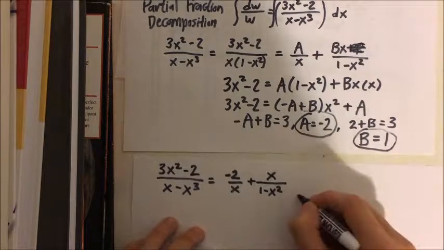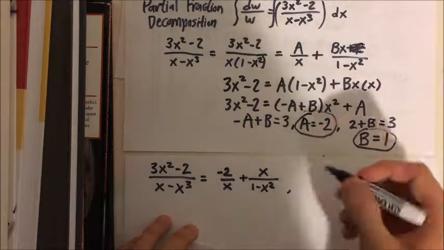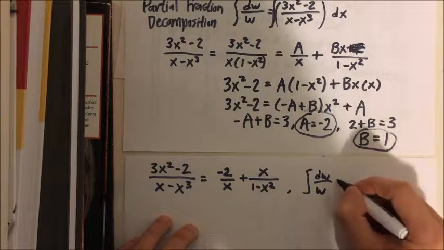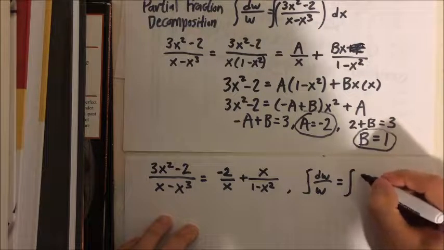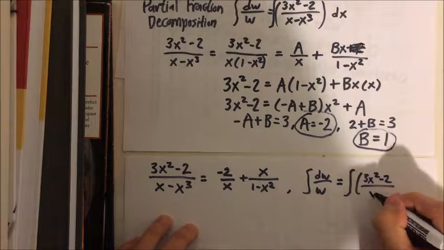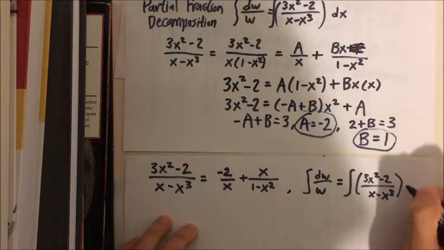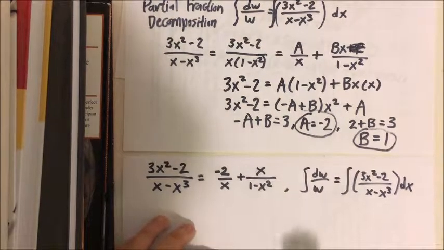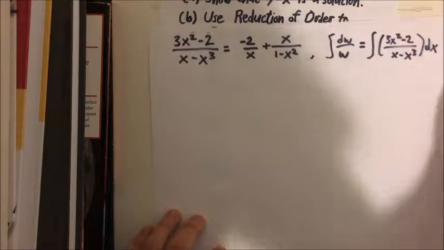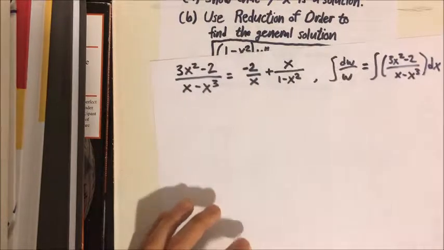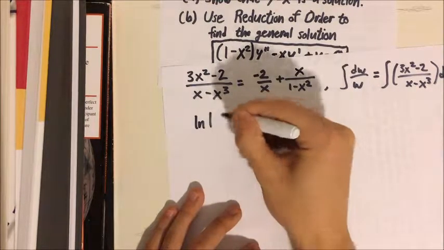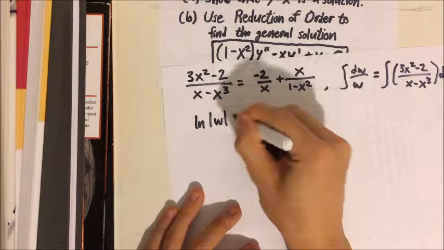And this is the integral of dw over w. It's going to make this part a lot easier. So let's continue moving onwards. Plugging this back in, we know that the integral of this is going to be equal to the ln of the absolute value of w.